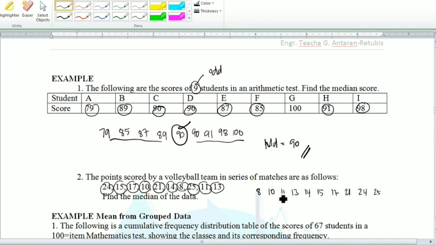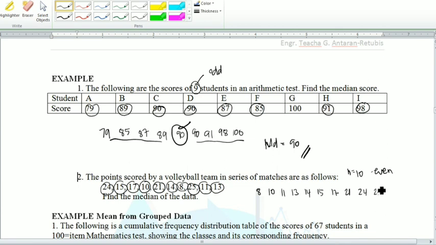So how many is our number of samples here? So 1, 2, 3, 4, 5, 6, 7, 8, 9, 10. Okay, so 10. So obviously 10 is an even number. So what will be our median, or how to determine the median?